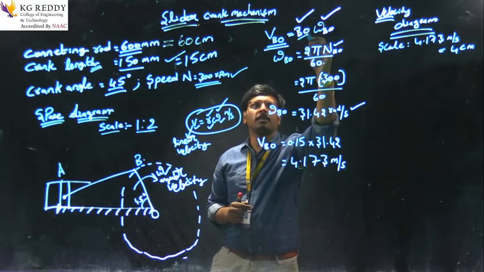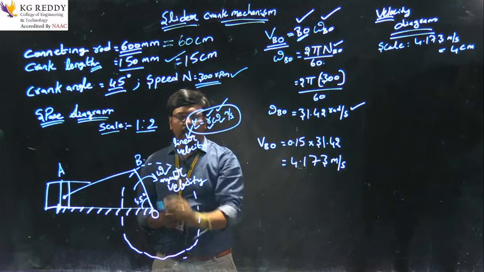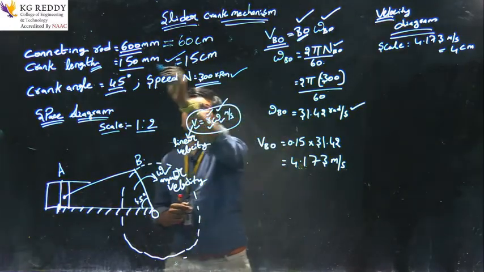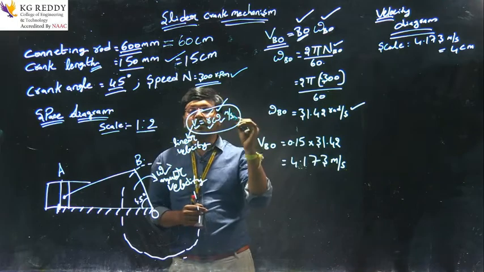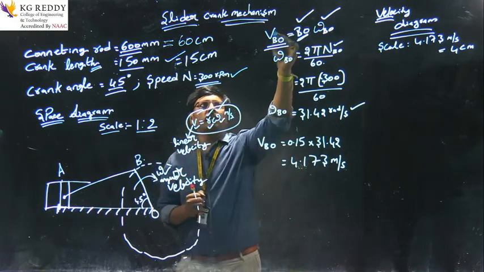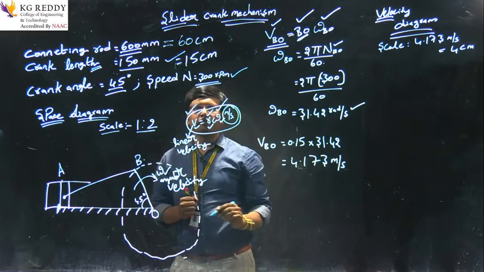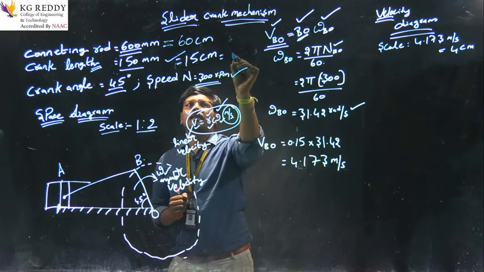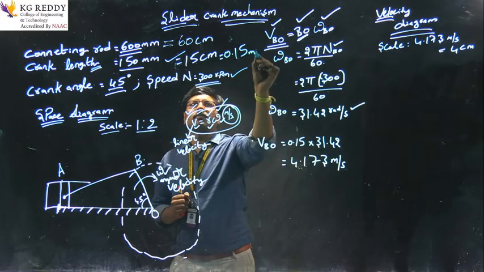BO is the length of the crank, which is 150 mm, that is 15 centimeters, but we have to convert into meters because the velocity units are meter per second. So, I convert to 0.15 meter.